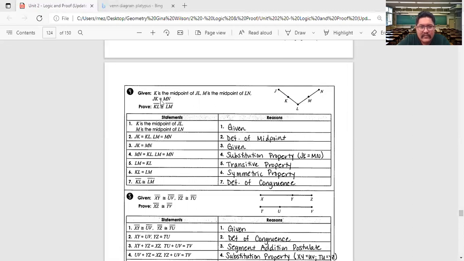Because again, that's one of the other givens that we have, so we're going to substitute that out. So we have K, and we have MN on both sides. See MN here and MN there. So using our transitive property, since both of them are equal to MN, we would know that KL and LM are the same.